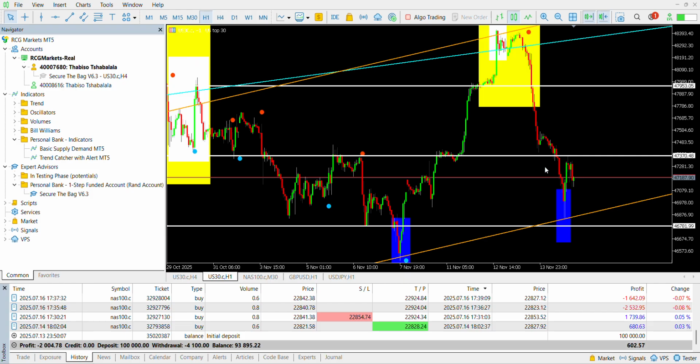So you can see that on a 1 hour time frame on US30, we don't have a trend catcher signal that we are bullish. However, we have the following other two confluences, which is the trend line closing above it with the red and green candle confluence going up, above the trend line, red candle, green candle pushing up.